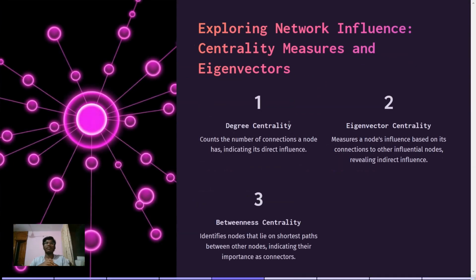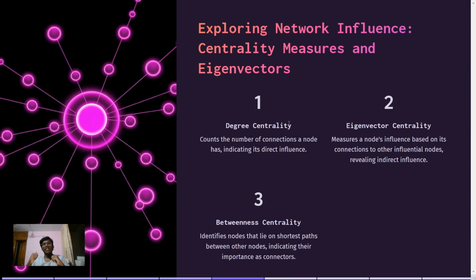Exploring network influence: centrality measures and eigenvectors. Degree centrality counts the number of connections a node has, indicating its direct influence. Eigenvector centrality measures a node's influence based on its connections to other influential nodes, revealing indirect influence.